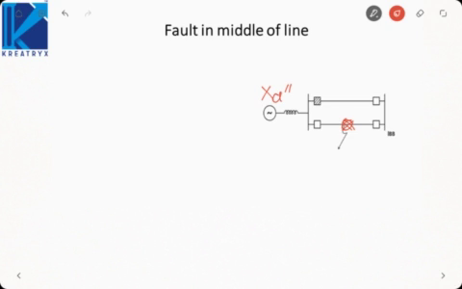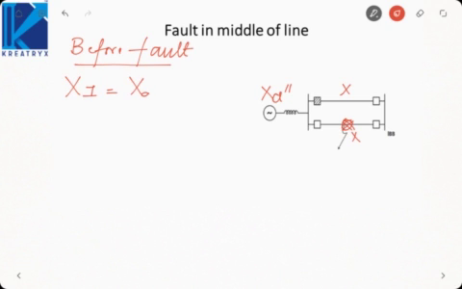The reactance of the first line is x and the other line is also x. So before the fault, both lines are operating in parallel. So the transfer reactance would be Xd double dash plus x by 2.